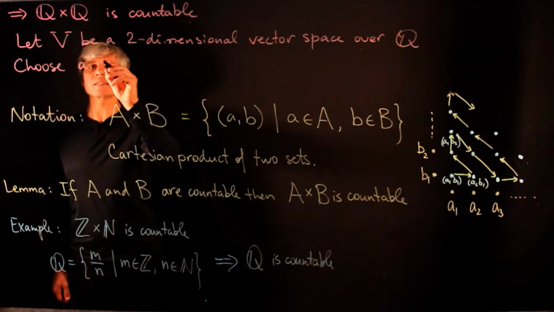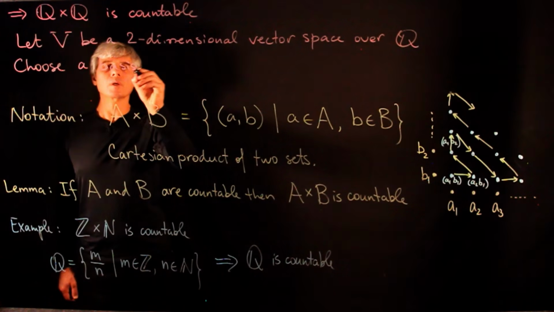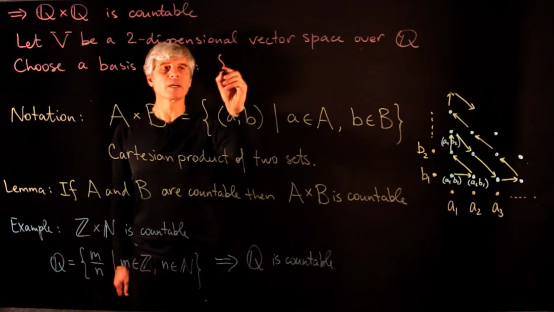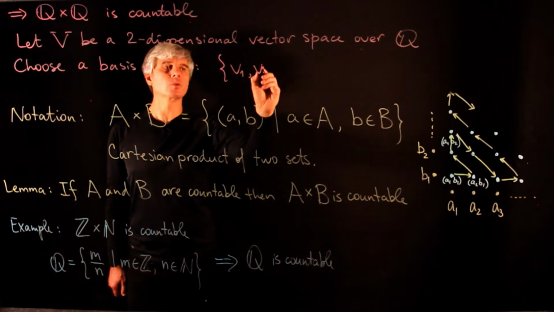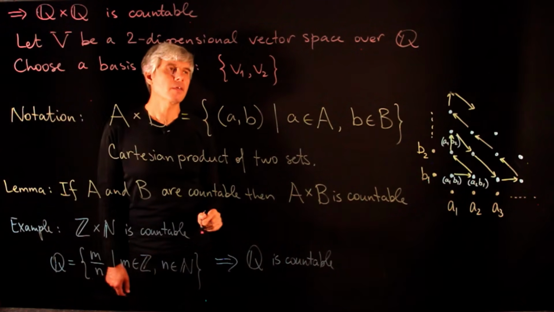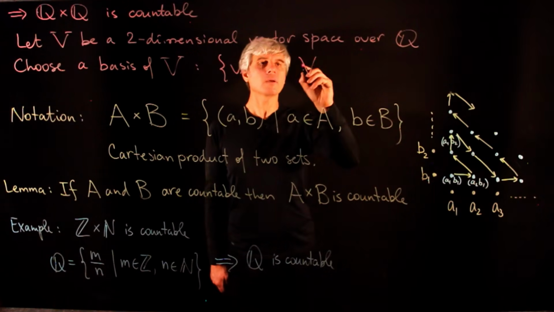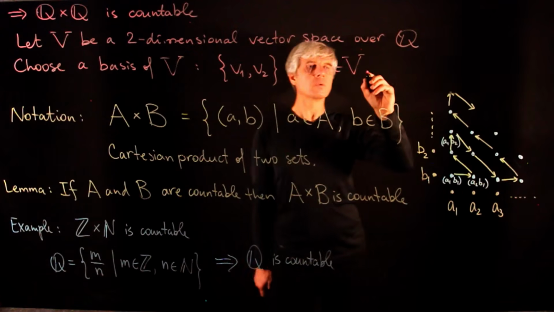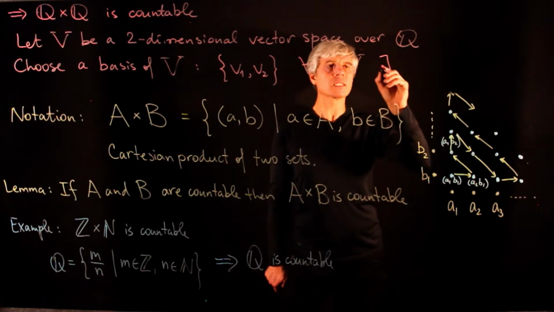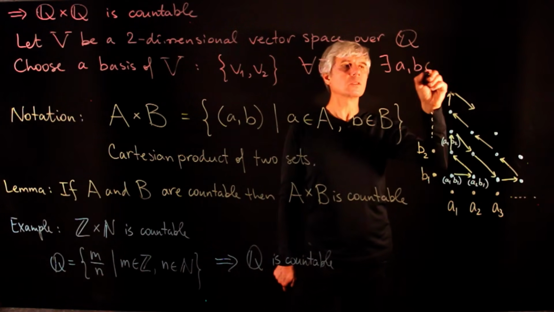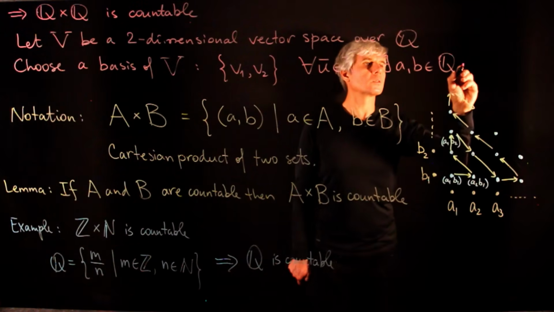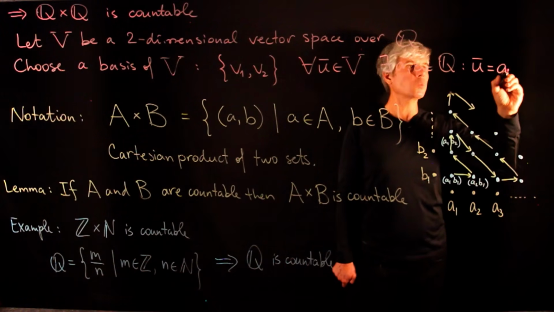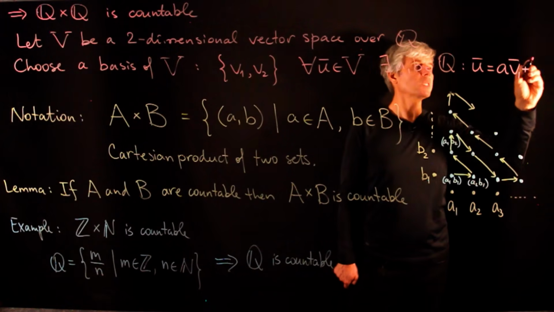So choose a basis of V. So we have a set V1, V2. Then for every vector U in V, there exist A and B in Q so that U can be written as A times V1 plus B times V2.